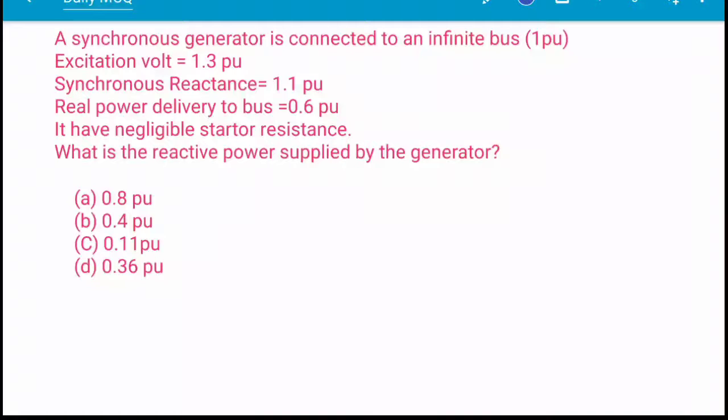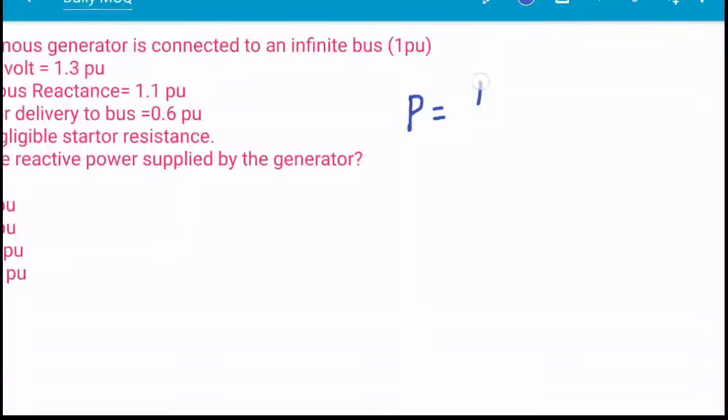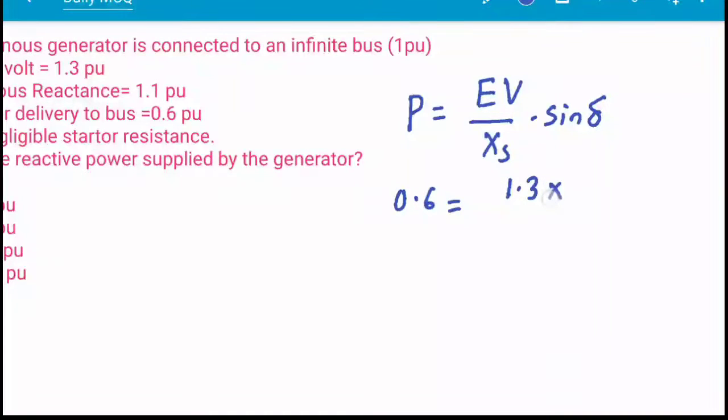Real power P is given by EV by XS into sine delta, and here the real power is given as 0.6 per unit, which is equal to 1.3, that is the excitation voltage, into V, which is 1, divided by XS, which is 1.1, the synchronous reactance, into sine delta.